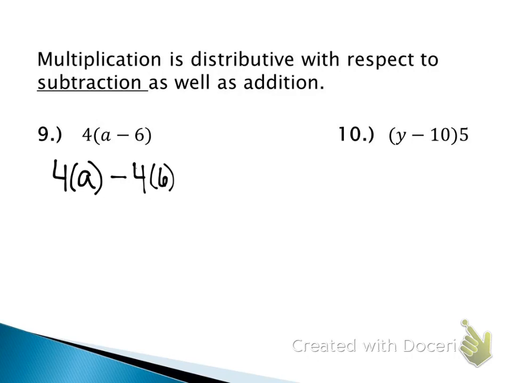All right, 4 times a is just 4a minus 4 times 6 is 24. We cannot combine them. They are not like terms, so we are finished.